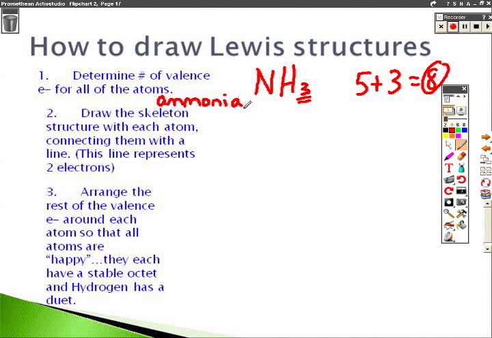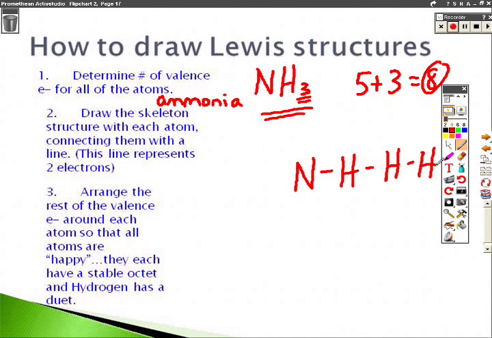In ammonia, I'm going to put nitrogen in the middle. Now let me just show you something for a second, because you haven't drawn these before. Maybe you think it looks like this. Why not? Why wouldn't you think that? I mean, there's a nitrogen and there's 3 hydrogens. Can this work for this hydrogen? Nope. How come? Hydrogen has 2 and 2 is 4. It can't have 4. How about this hydrogen?